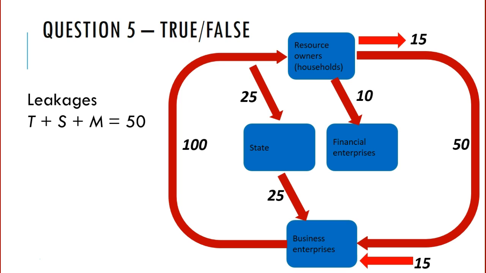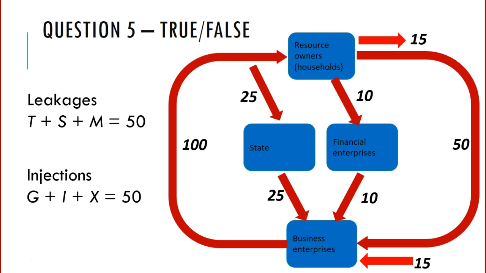And let's say of the savings, those $10 in savings are injected back into the system because they're borrowed by businesses to buy capital equipment from other businesses. So the injections back into the system, the government expenditure, the investment spending and exports, is also equal to 50.